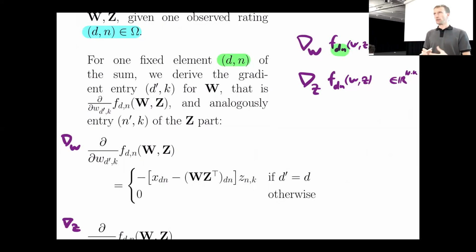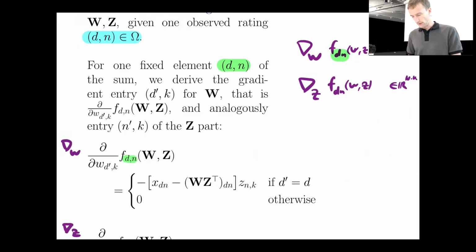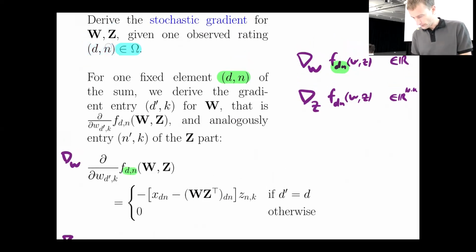So you have fixed one particular user-movie pair, but now you ask about the entire gradient with respect to W. It's a bit confusing with the indices here, so I want to be careful: dn is fixed now, because we have decided what dn we want to compute the gradient of, and for now it's forever fixed.